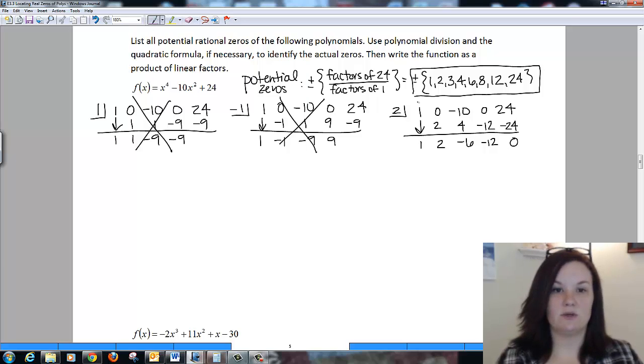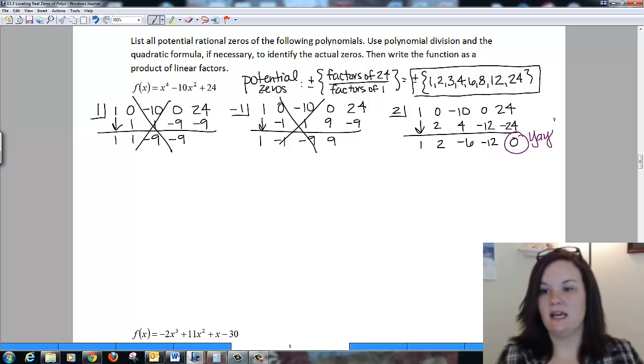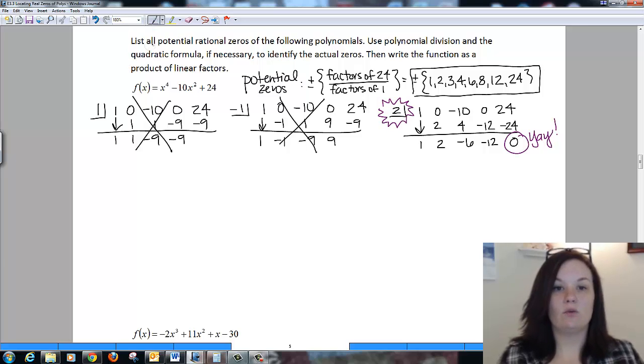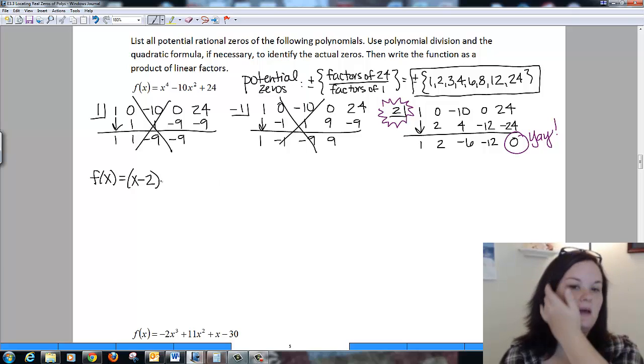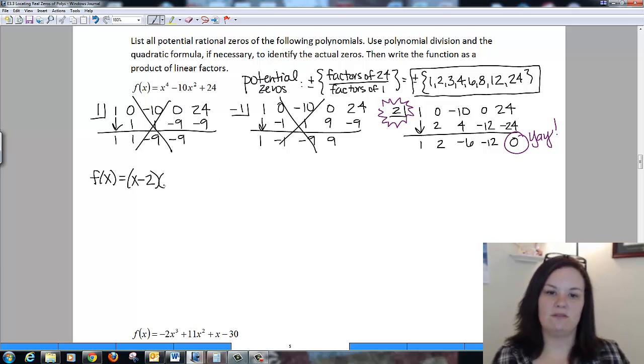Yay, there's great rejoicing. Once I get a 0, I know that this number is a 0. So I want to go ahead and write it as a factor. My original f of x is equal to, if x equals 2 is a 0, then x minus 2 is a factor.